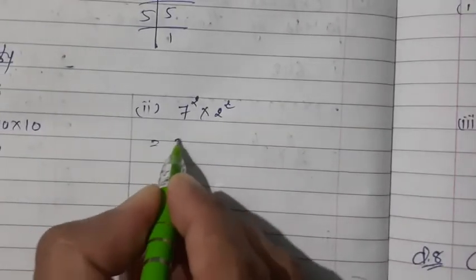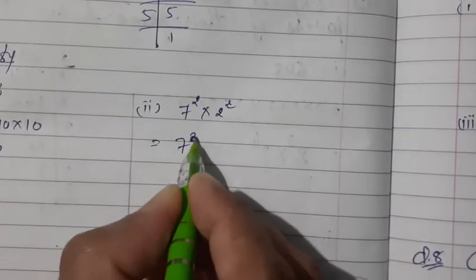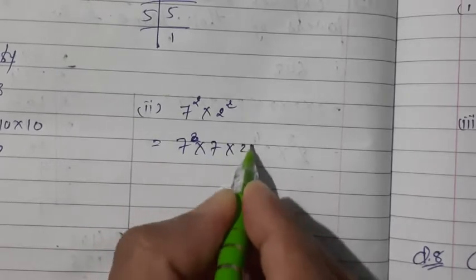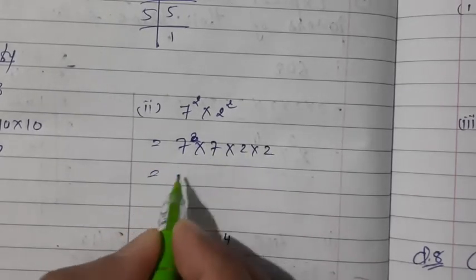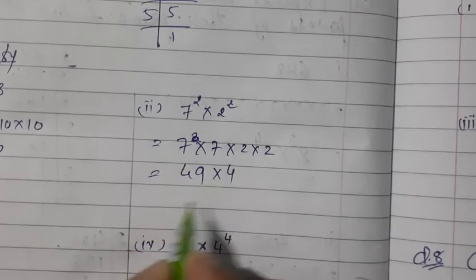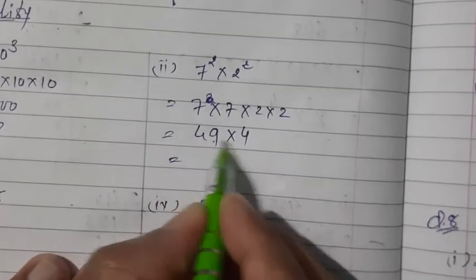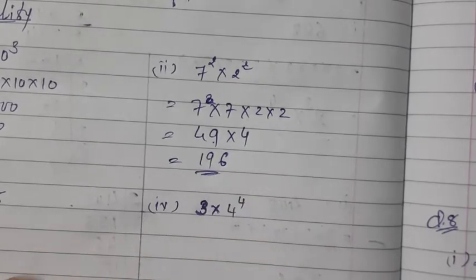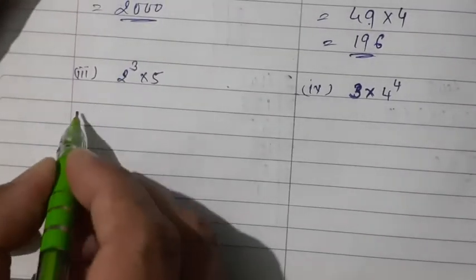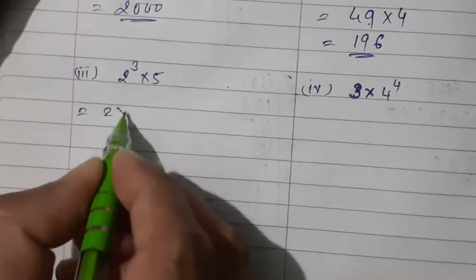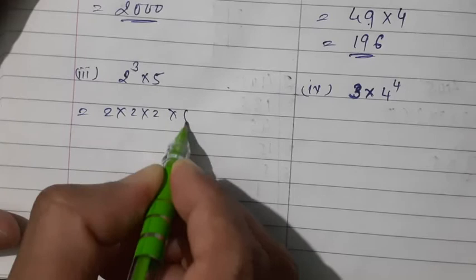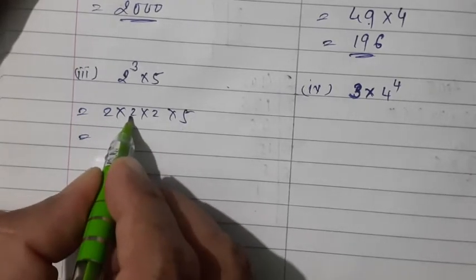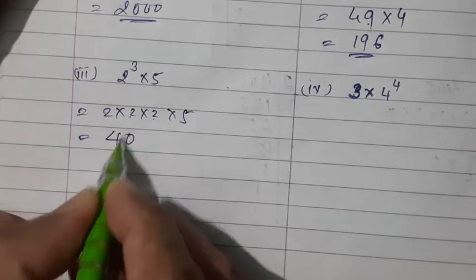Same here. Look, 7 square means 7 into 7, and 2 square means 2 into 2, equal to 49 into 4. Then multiply 49 with 4, 196. Now here 2 to the 3 into 5 means 2 into 2 into 2 into 5. So 8 into 5, that is 40.